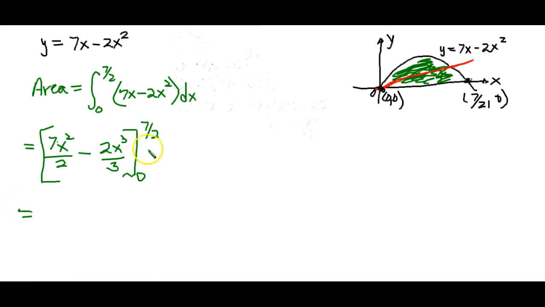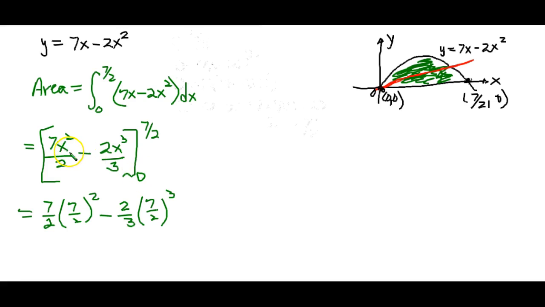Of course, this means that we're going to plug 7/2 in for x. So 7 over 2 times 7 over 2 squared, minus 2/3 times 7 over 2 to the 3rd power. Don't forget you're also supposed to plug in your lower limit of integration.